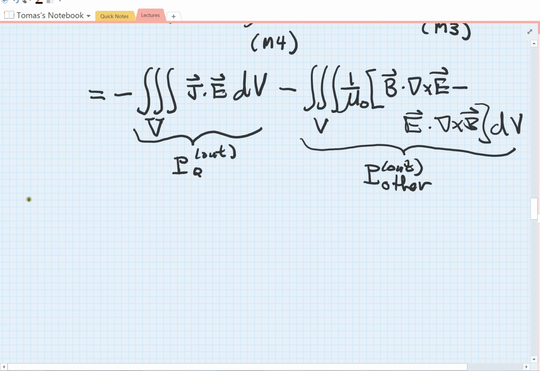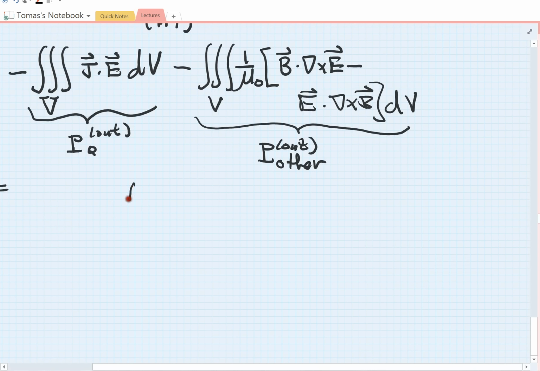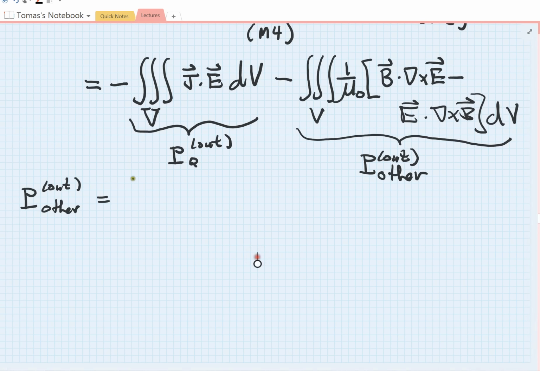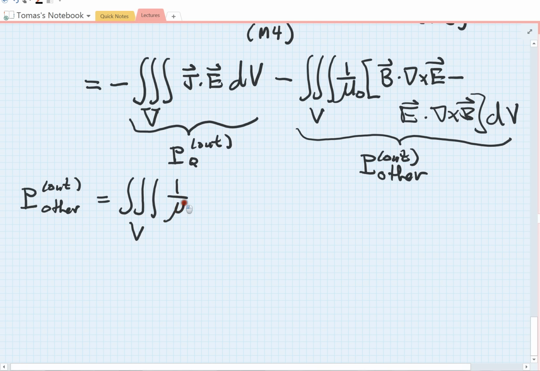So let's take a look then. Try to rewrite this a little bit. P out. What is the other way? If we look at the form that we have, I've got this integral over the volume of my experiment. I've got 1 over mu naught.